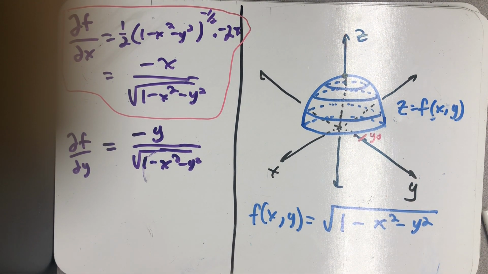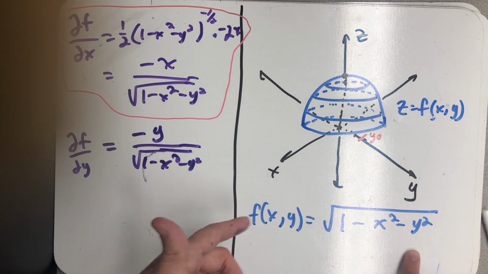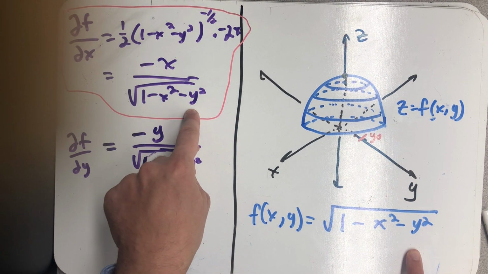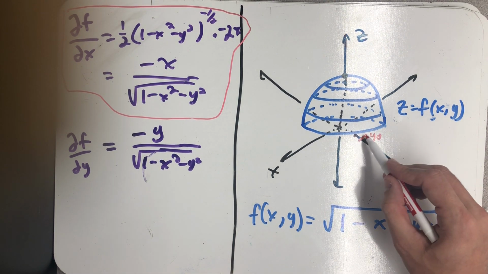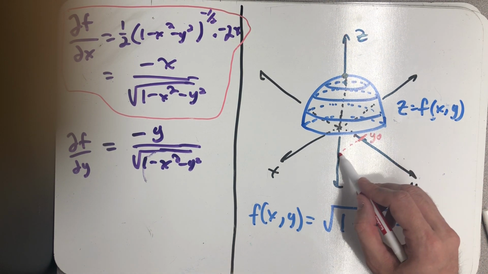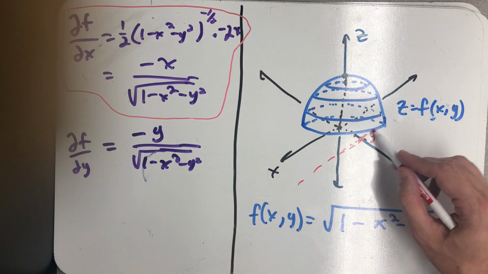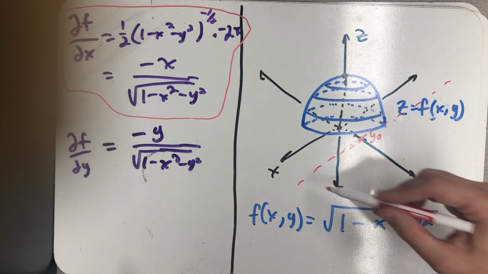Some value of y. Well, I could actually imagine plugging that in and having a function of one variable and taking the derivative, and I'd get exactly what I have here if I plug the value y naught in for y. Well, if I think about all of the points in space with an equation y equals y naught, that would give me a plane that's parallel to the xz plane.